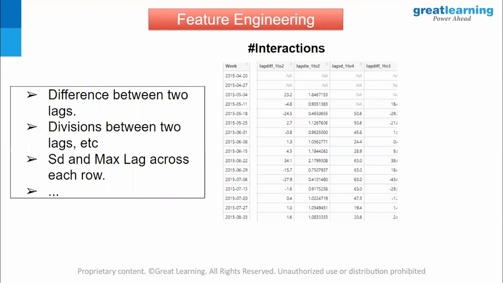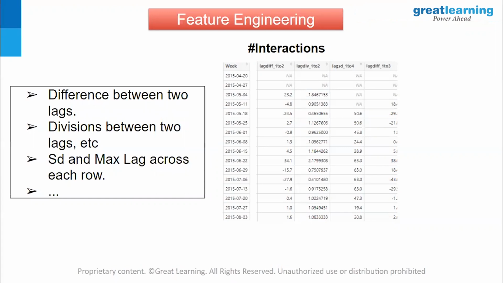We can actually build as many features as we could, and that is the beauty, because that is where machine learning is so strong. We can have so many features, and not only features alone, we can build interactions.